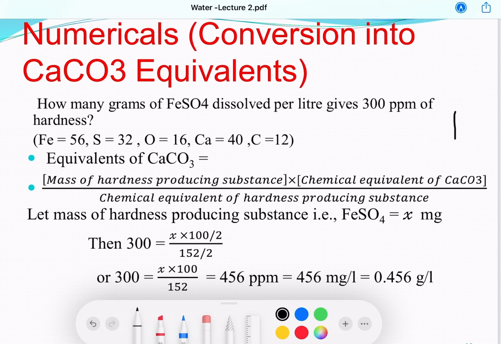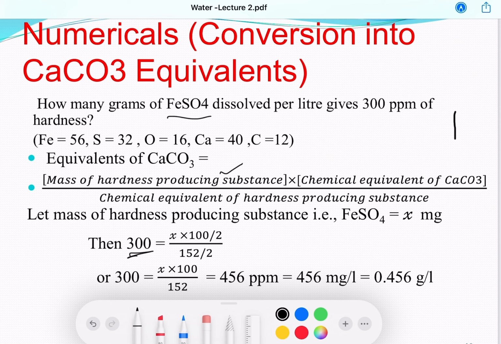Now here hardness is given and you have to find out the mass of hardness producing substance. So what we do here is, we write the hardness is 300. Mass of hardness producing substance is X, because you have to find it. Equivalent weight is 100 by 2 divided by 152 by 2, because the molecular weight of ferrous sulfate is 152.